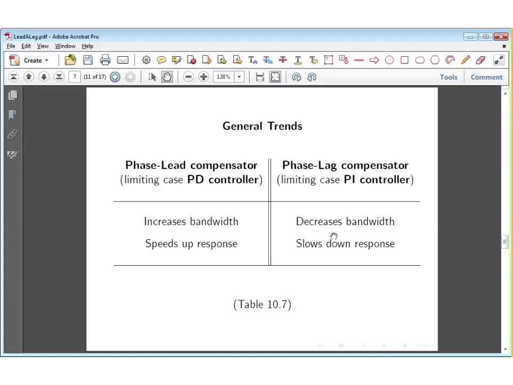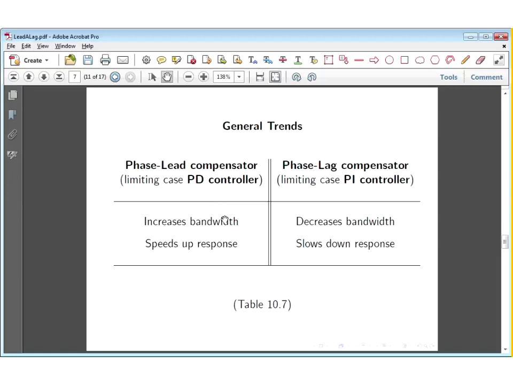And if you have such a bandwidth limitation in the specification, you should be very careful to design a phase lead compensator. Of course, you can perhaps try to design a phase lead compensator, but after you've designed it, you must just make sure that the phase lead compensator that you intend to use does not in fact push the closed loop system bandwidth over the band limit that is specified.